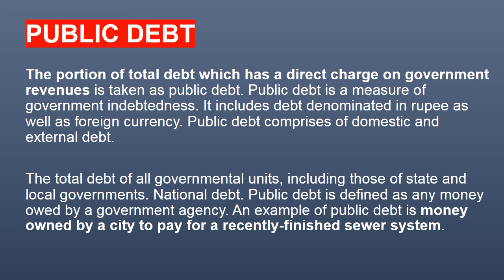Public debt comprises domestic and external debt. The total debt of all governmental units, including those of state and local government. National debt. Public debt is defined as any money owed by a government agency. An example of public debt is money owed by a city to pay for a recently finished sewer system.